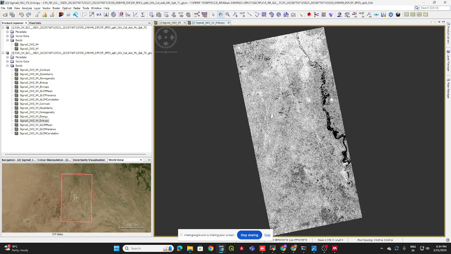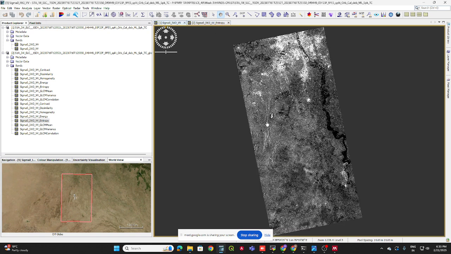See, it has the higher value for this portion and lower value here. So higher value in entropy, what does it mean? It is that much random, and lower value means less random. What does it mean, more random and less random in our image or in SAR? Because you can read it that way. If you see the original image, this is okay.